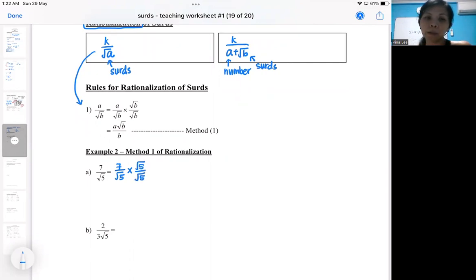So if the denominator is like root 7, then you multiply root 7 over root 7. Because we multiply the numerator and we multiply the denominator. So this is the same surds multiplication. Same surds multiplication will give you a 5.